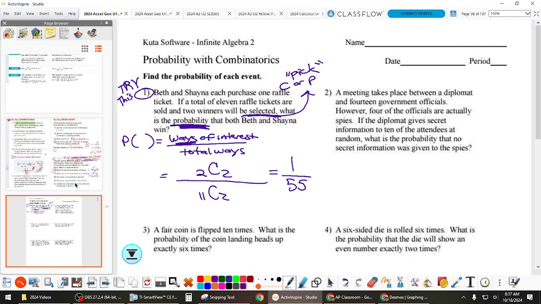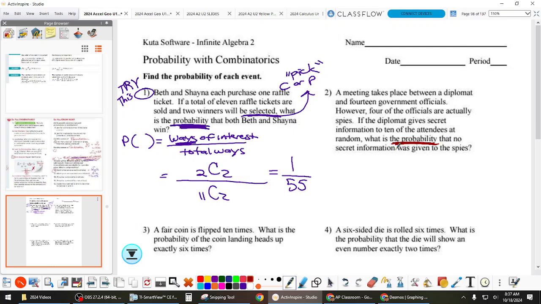Alright, so we have 14 government officials, but 4 of them are spies. So the diplomat is giving secret information to 10 of those. So again, let's think through the analysis of our approach. What is the probability? Tells us that we're going to have to use the probability setup, the basic equation.